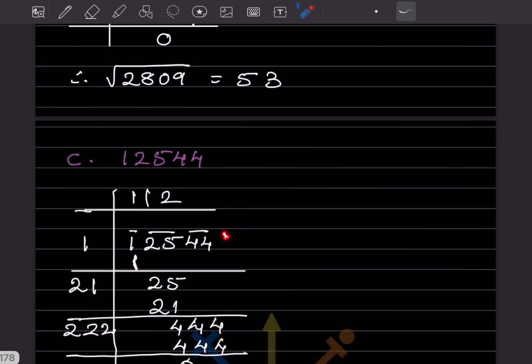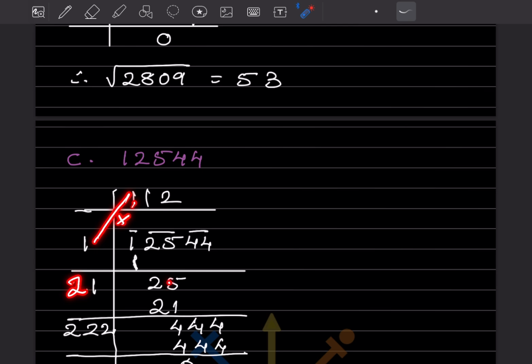Now for this one, same, we are going to pair it. See here, this one pair, and this is single. So here will be 1, means one possibility is only 1 into 1 is 1. So now here will be 0. So you are going to take this pair down. And what you are going to do after that, you are going to add this 1 plus 1, that is going to be 2.